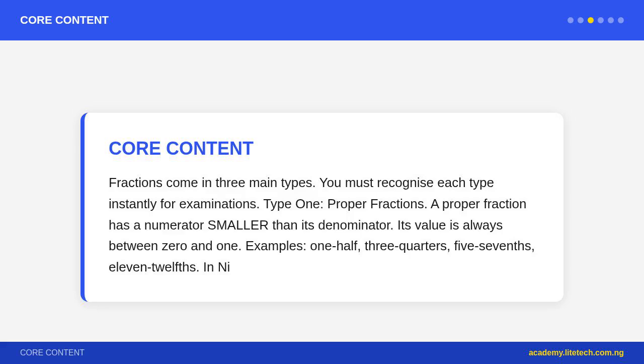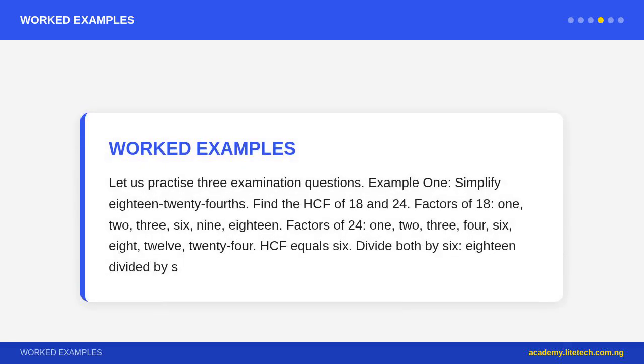To convert an improper fraction to a mixed number, divide the numerator by the denominator. The quotient is the whole number part. The remainder becomes the new numerator over the original denominator. Example: 11/4. 11 divided by 4 equals 2, remainder 3. So 11/4 equals 2 and 3/4.